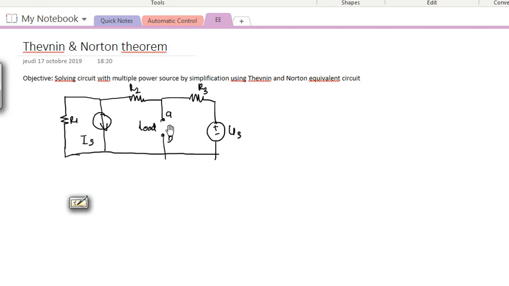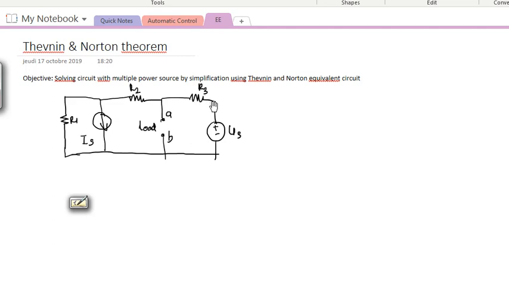In order to solve that, in a previous video, we saw a method called superposition. But in this part of the video, we're going to look at another method, which is source conversion, or power supply conversion, where we can transform a current source into a voltage source, and a voltage source into a current source, to help us navigate and simplify the circuits.